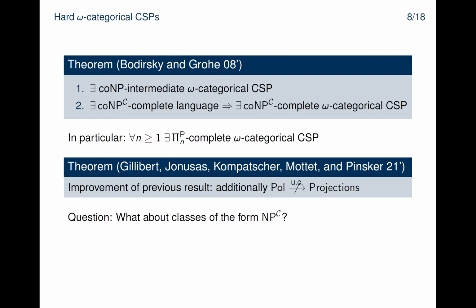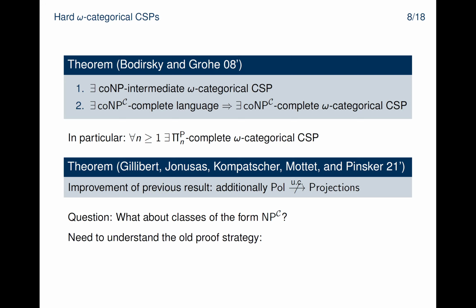If there is one, it would still not necessarily mean anything for the conjecture, but it would tell us something about the strength of the algebraic approach, restricted to omega-categorical structures. But what could happen is that we would be able, for example, to reprove the number 2 result for classes of the form NP^C.